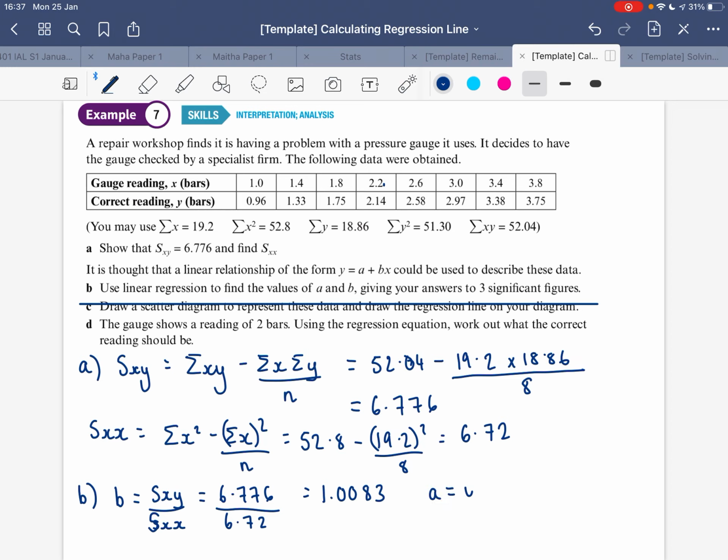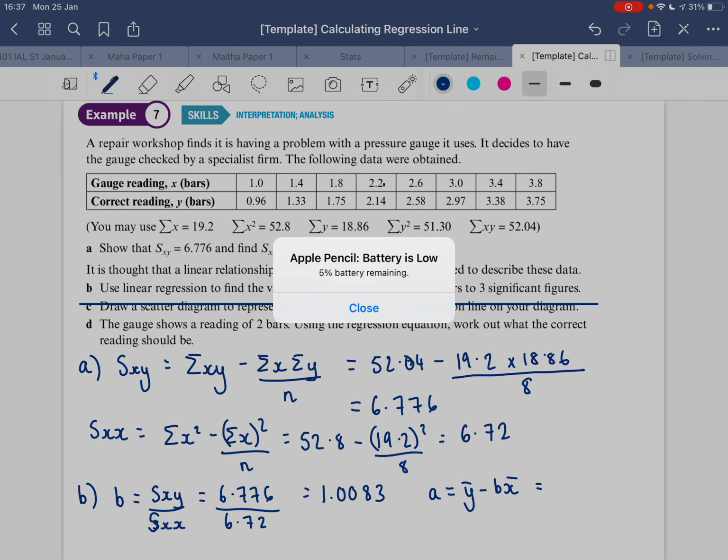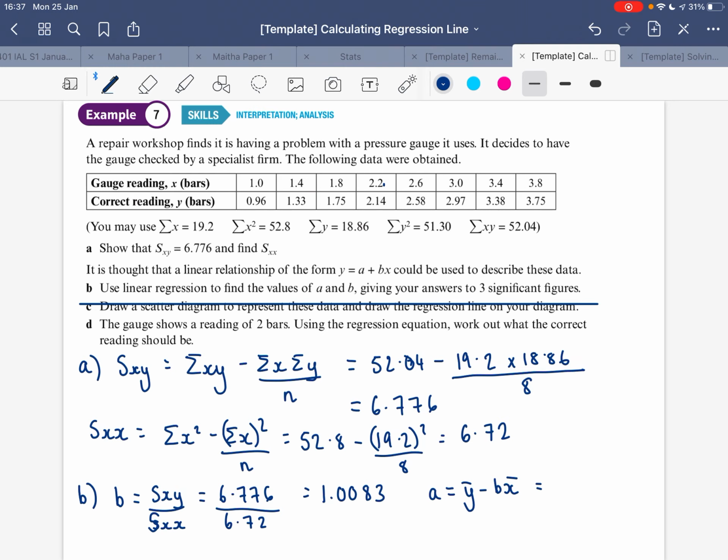A is y bar minus b x bar, which is, oh no, we don't have y bar and x bar. We're going to have to work them out. I can work that out quite quickly, can't I? Y bar is the mean of y.